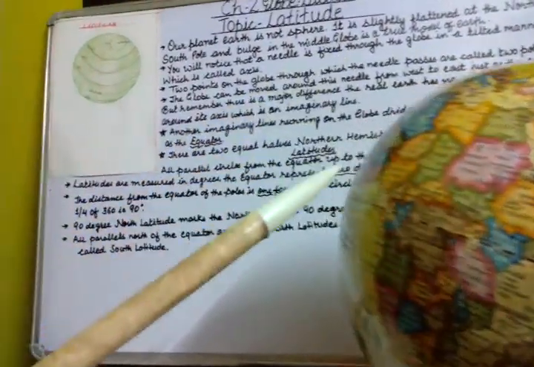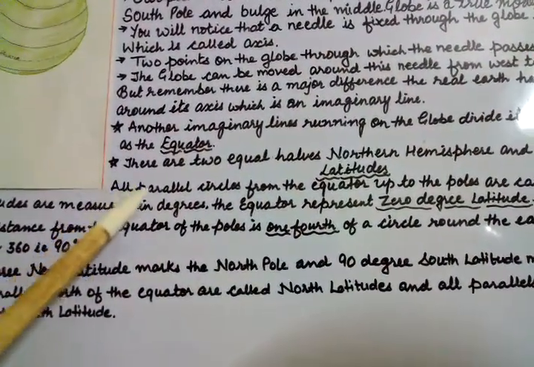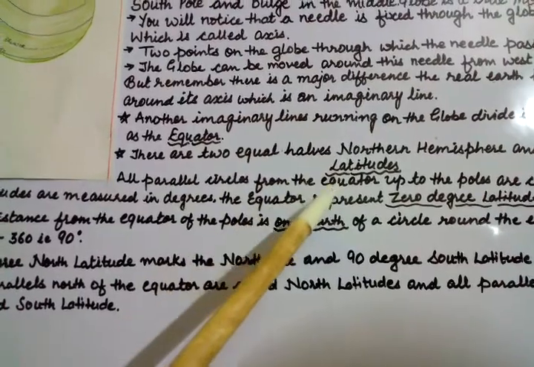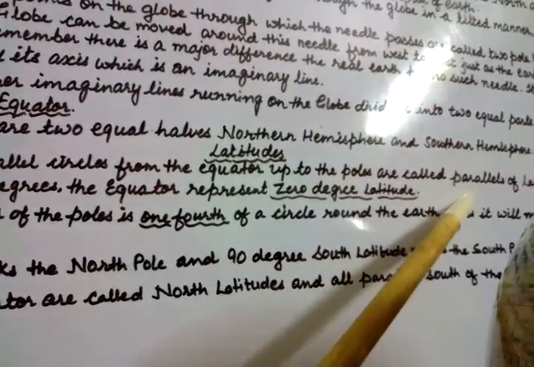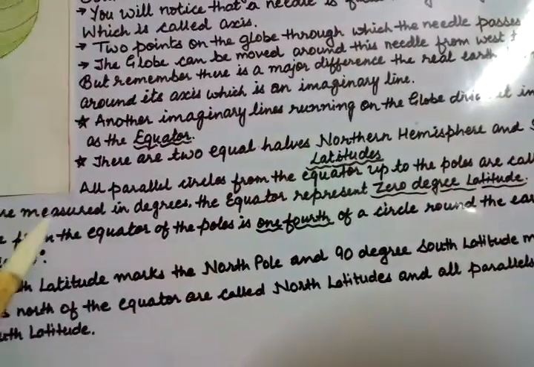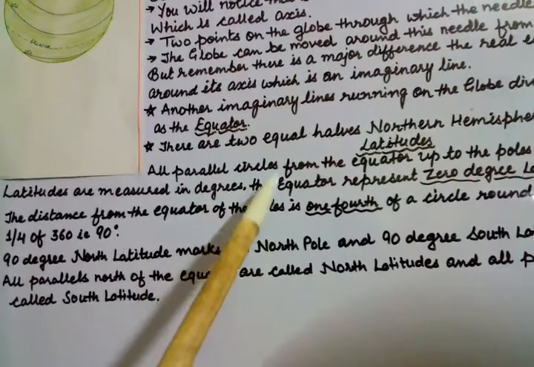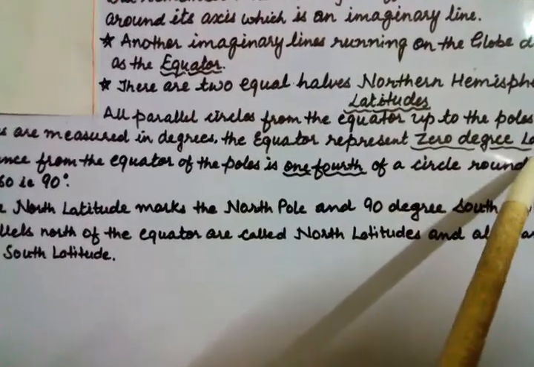What are latitudes? Come back to here. All parallel circles from the equator up to the poles are called parallels of latitude. Latitudes are measured in degrees. The equator represents 0 degree latitude. Okay.